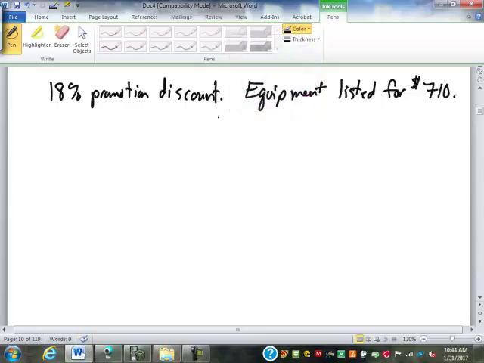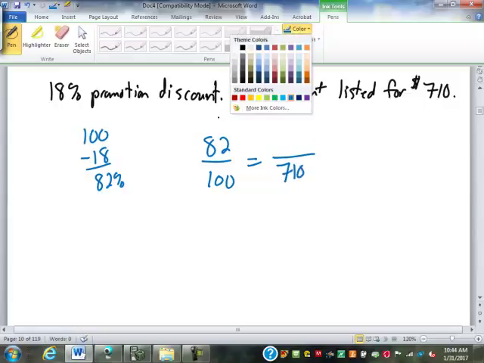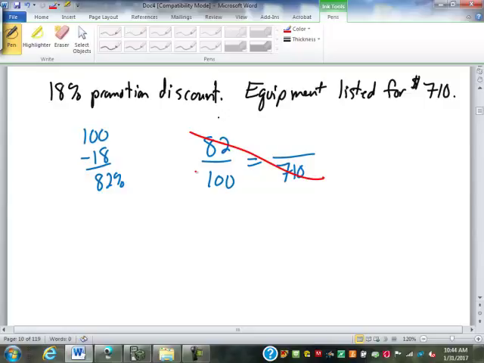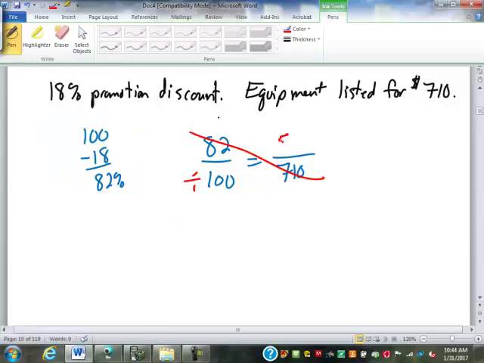Well, what percent are we going to deal with here? 100 minus 18. 82% is what we're going to be dealing with. Because the discount is taken away from the total, not added to it. That's why we subtract it from 100. So the 710 is the whole amount. So it's the 100%. Cross multiply and divide. So 82 times 710 divided by 100 is $582.20.